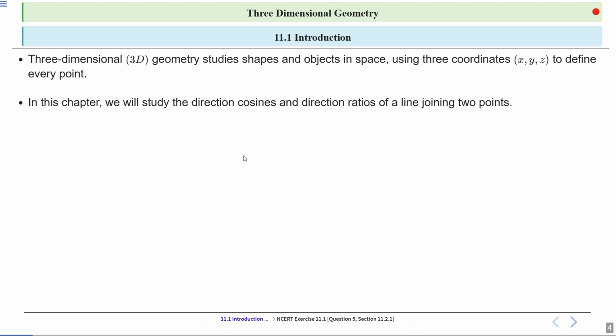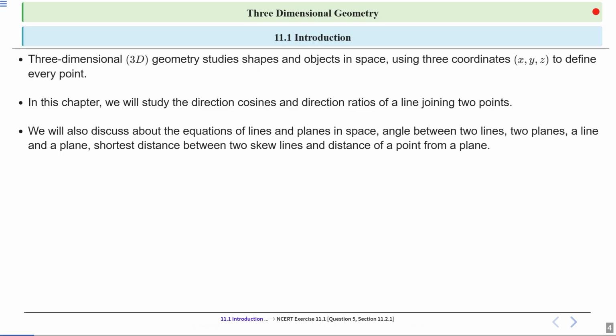So in this chapter, we will study the direction cosines and direction ratios of a line joining 2 points. For example, if a line passes through points A (x1, y1, z1) and B (x2, y2, z2), then the direction ratios are x2 minus x1, y2 minus y1 and z2 minus z1.